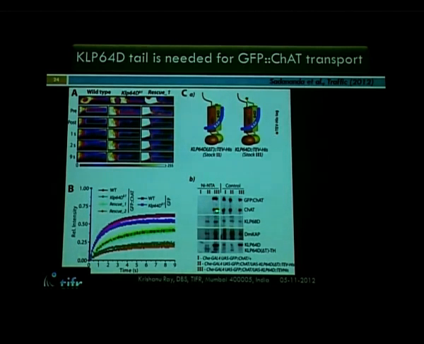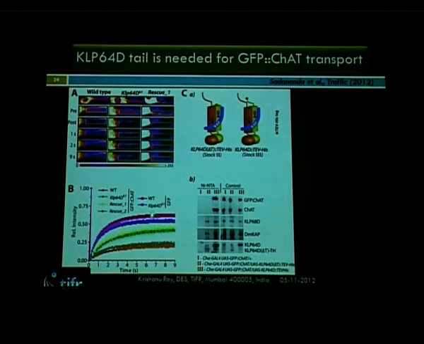And we found that the animal which expresses a kinesin 2 motor without the tail cannot pull down the choline acetyltransferase, although the motor is intact, whereas if the tail is present, then it pulls down both the recombinant and the endogenous protein. And this is just a genetic rescue experiment to show that the tailless motor cannot rescue the recovery as much as the full-length motor, which is shown here.